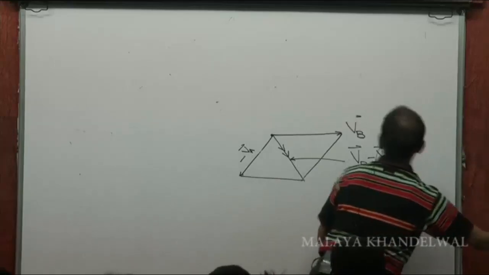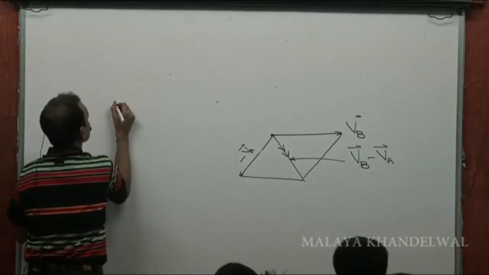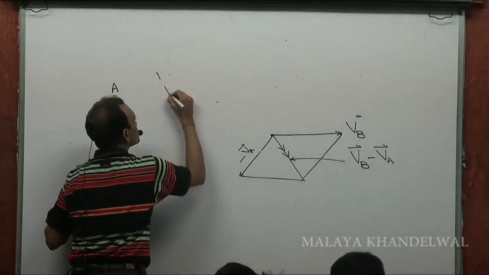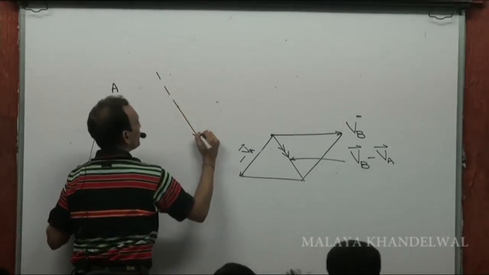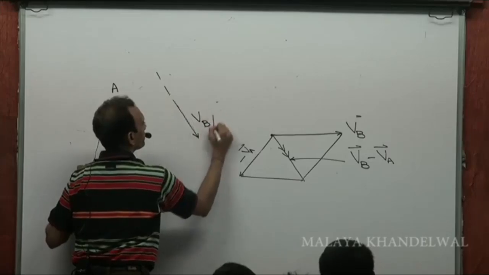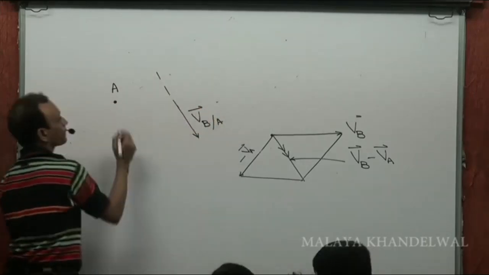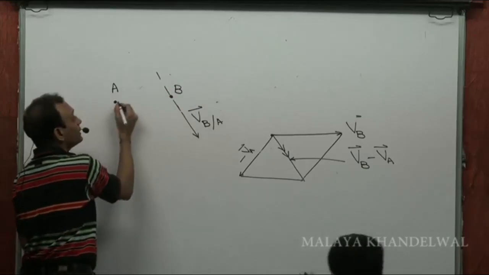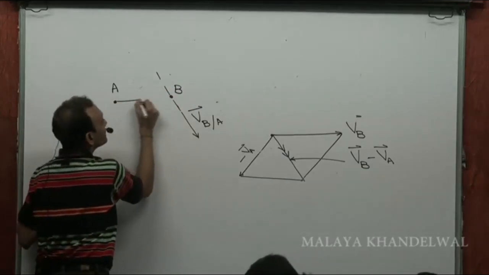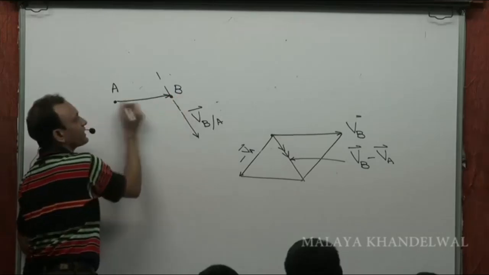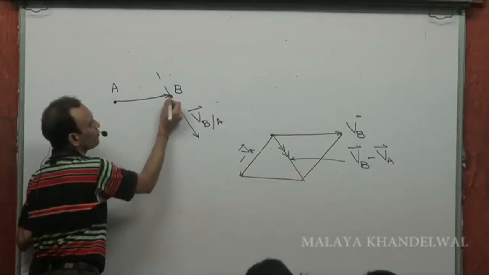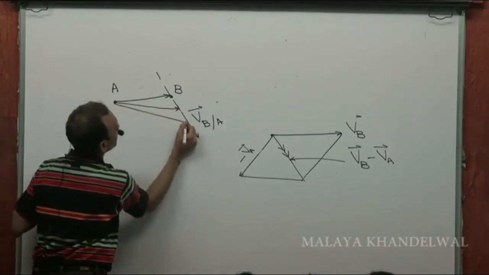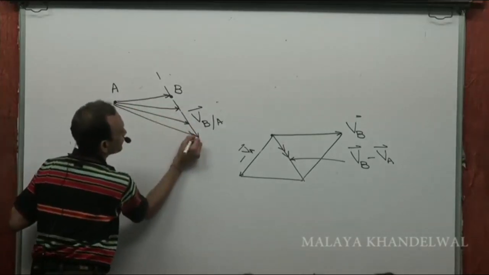Now, what does it measure? If A is an observer, and say this was the velocity of B as seen by A, and B was at some position here, then it's as if A is at rest and this is the relative separation vector, the position of B with respect to A. This is how the position of B with respect to A looks at different instants of time, right?